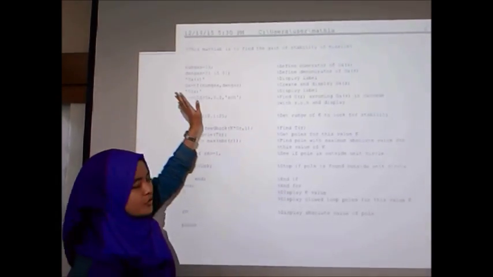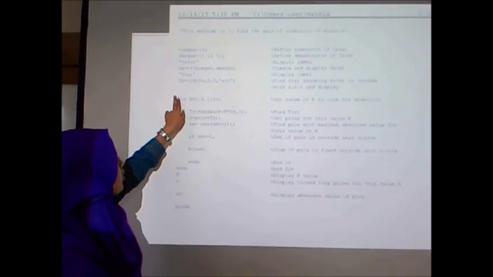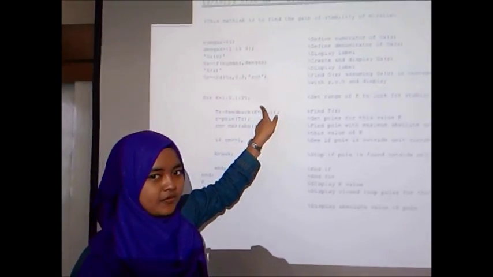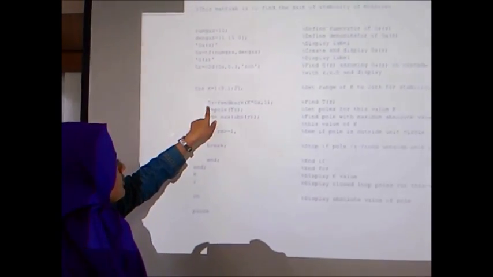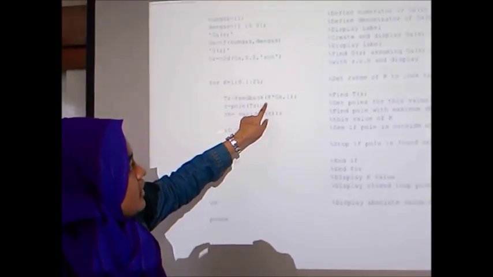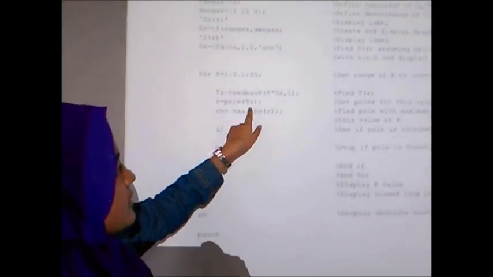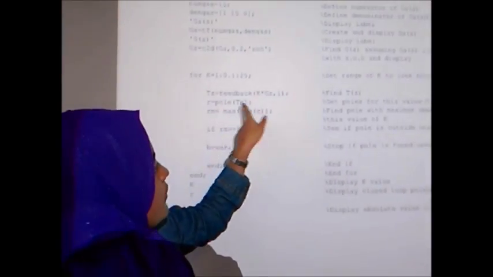After that, we use a MATLAB for loop, which is K equal to 1 until 25. And then the T(z) is the feedback, which is K times G(z) over 1 plus K times G(z). R equal to pole of T(z).